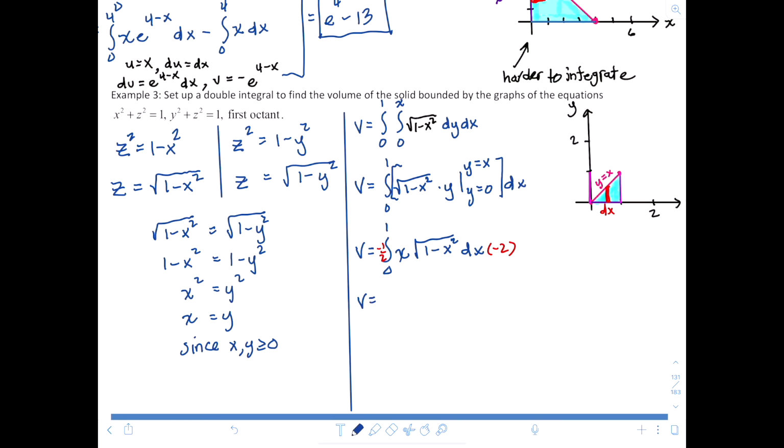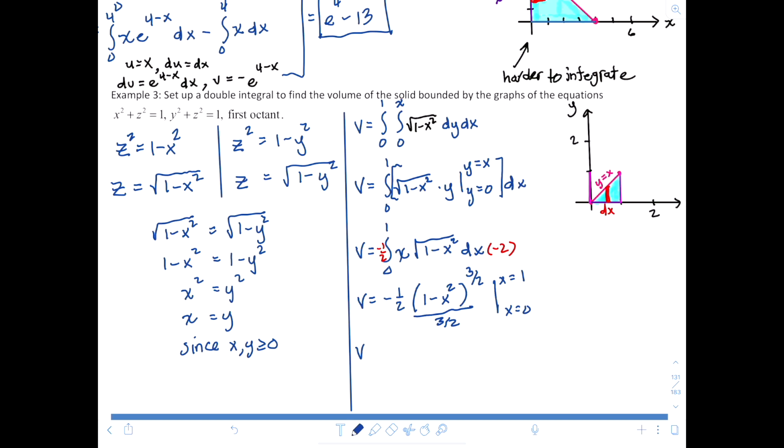So the volume will be equal to negative 1/2 times 1 minus x squared raised to the 3/2, and x is going from 0 to 1. And then, of course, we have to divide that by 3/2 as well.